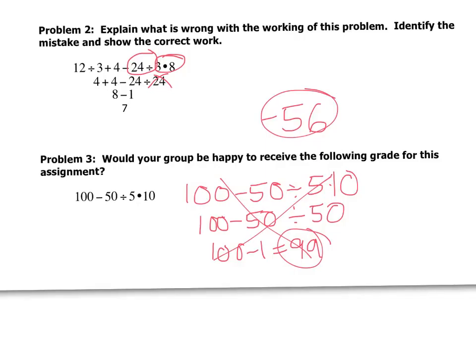I should be doing 50 divided by 5. Negative 50 divided by 5 is negative 10. Then I do my multiplication, so I have 100 minus 100. And I really hope that you don't want a 0. If you do, we have some conversations to be had. Okay, so that's that.